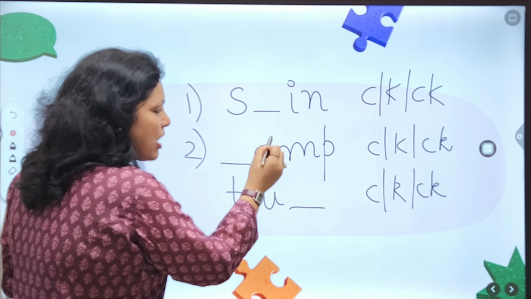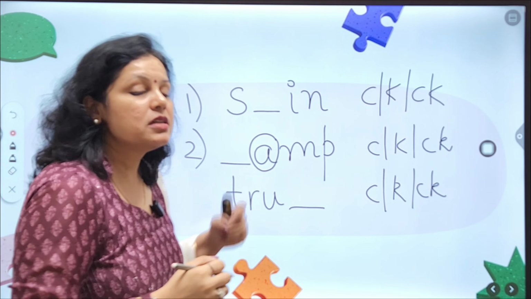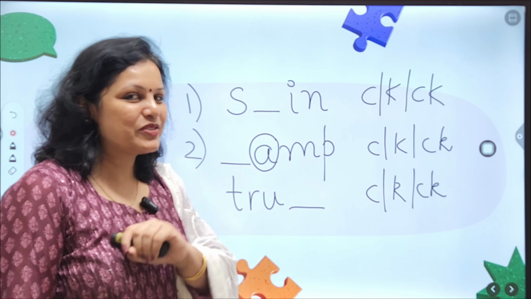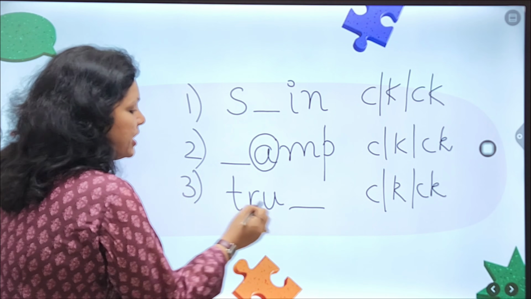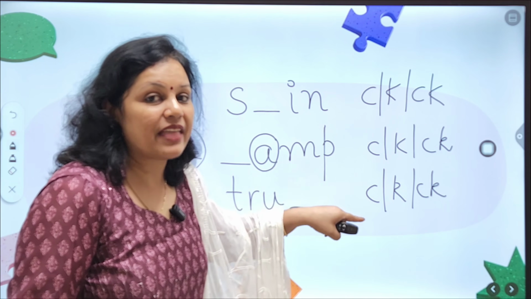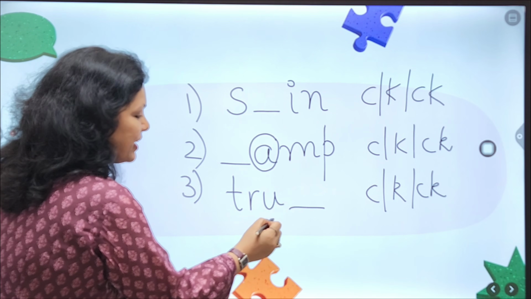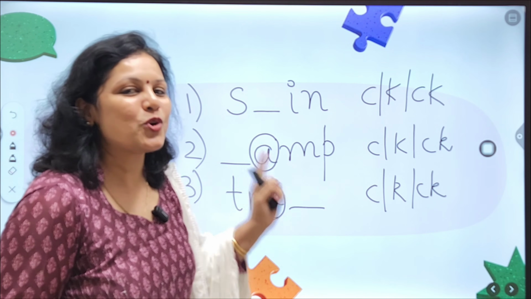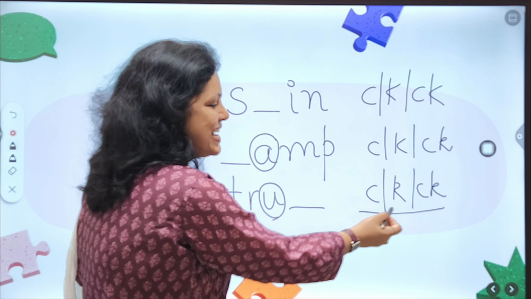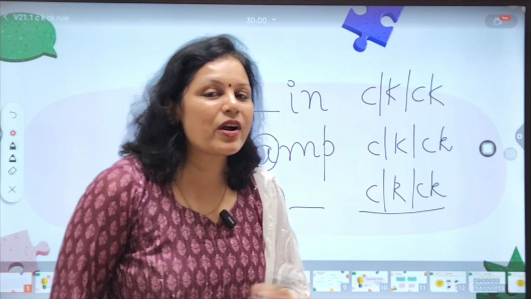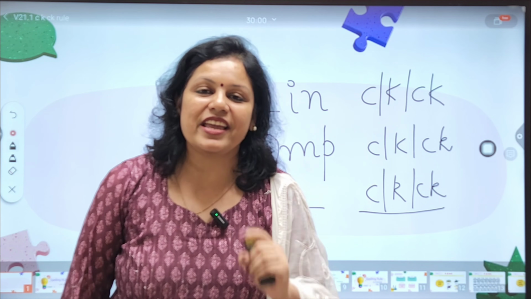So what is the sound that is coming after the K sound? It is A. And who is the friend of A? Choose it. Similarly, here the K sound is coming at the end of the word, but it is preceded by a short vowel sound. So what will be the grapheme that you are going to choose from here? C, K or CK? Do comment me the answer of these 3 questions.